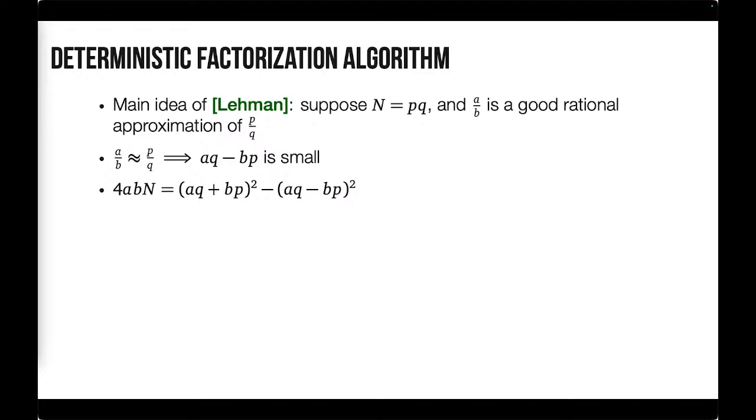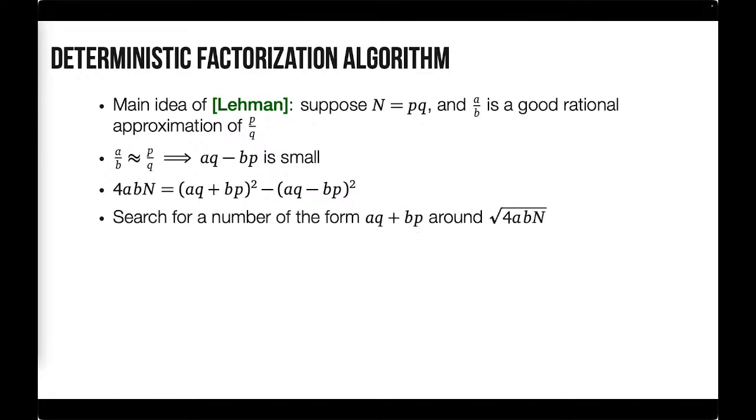What it means is that aq plus bp is very close to the square root of 4abn. We know n, this is the input, and we know a and b, since we guess them or go over all options. So we can just search for a number which has the right form, aq plus bp, around this square root of 4abn. Just start from there and look for numbers in the vicinity that have this form.